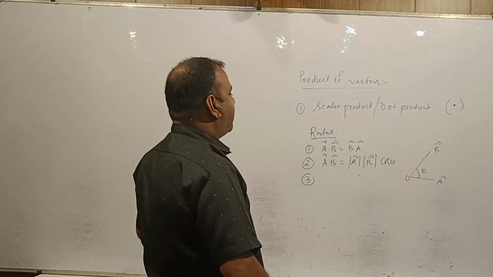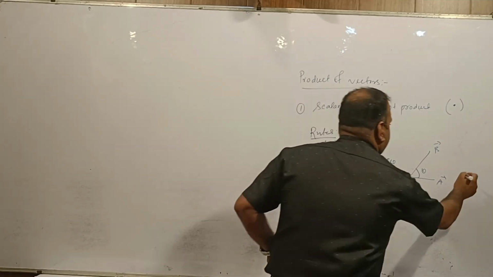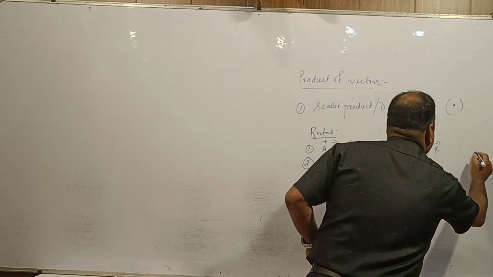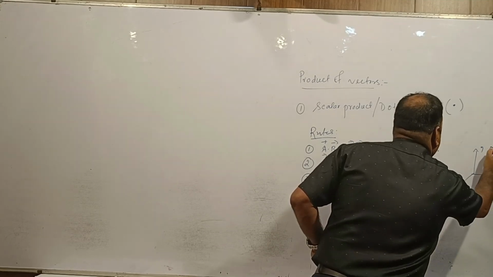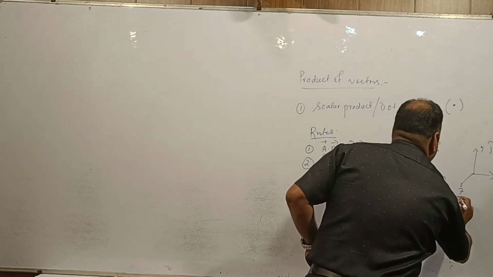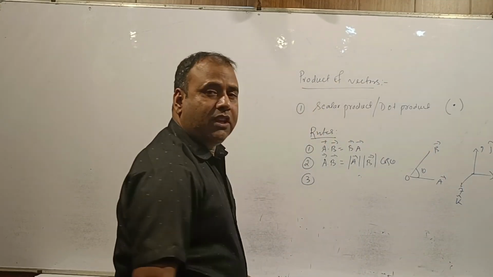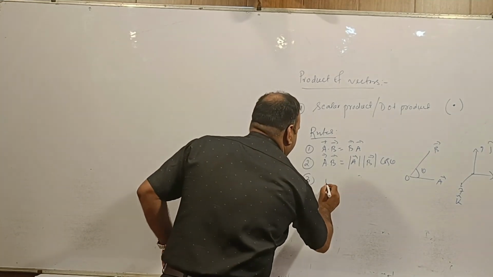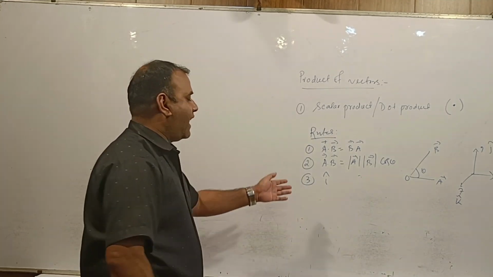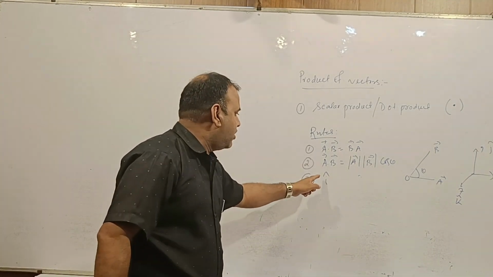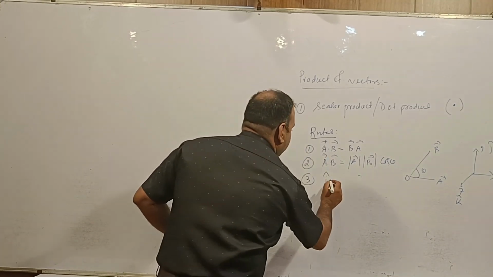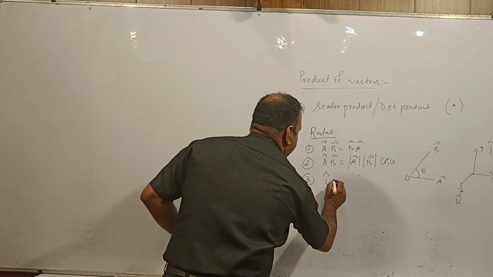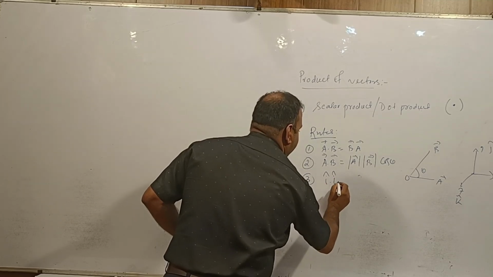Number 3 formula is very important. You remember I have shown 3 directions along x, y and z. So x represents i cap, y represents j cap, and z represents k cap. What is the meaning of cap? Cap means only one direction. So i cap dot i cap is equal to 1.